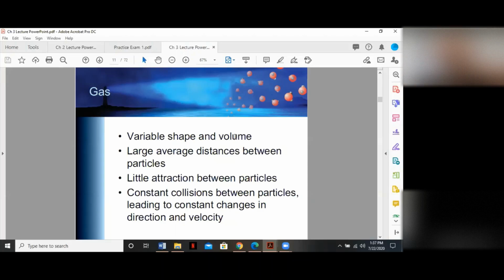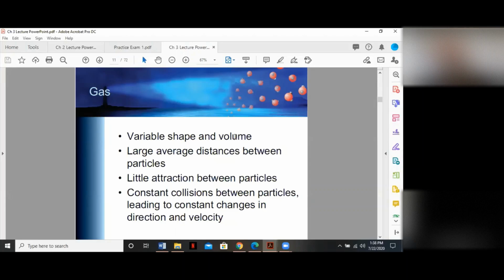When it comes to the states of matter, they can be solid, liquid, or gas. Solid, distance between the particles is very small. They are intact. That will give them fixed volume, fixed shape. Liquids, there will always be some space between the particles.